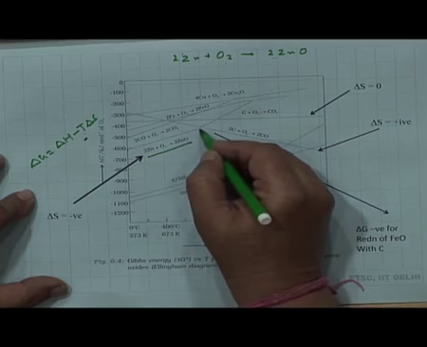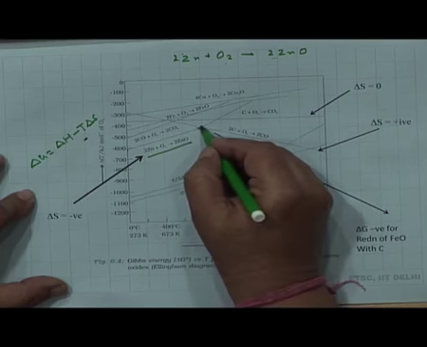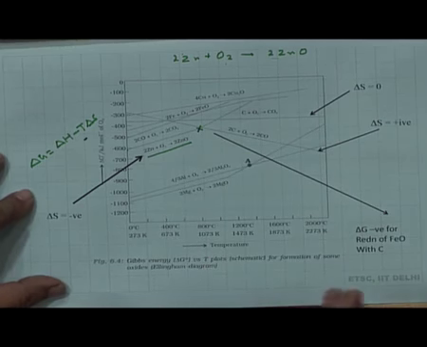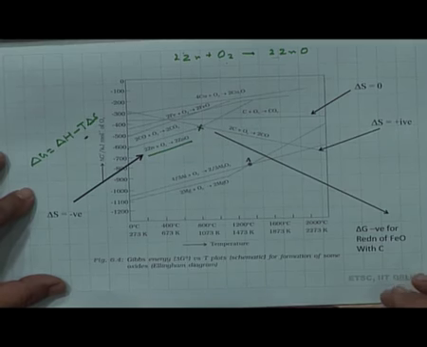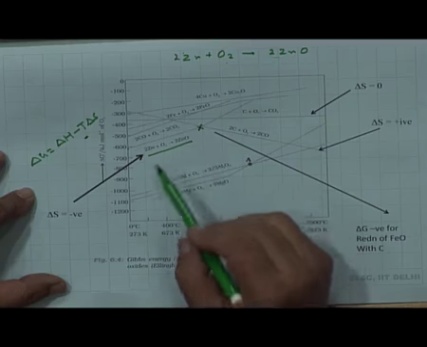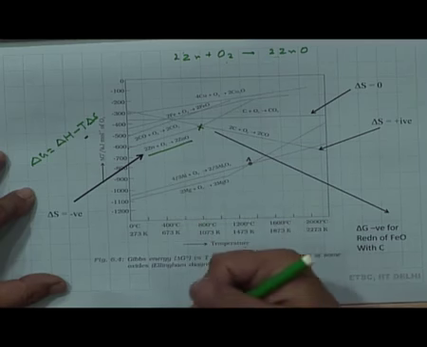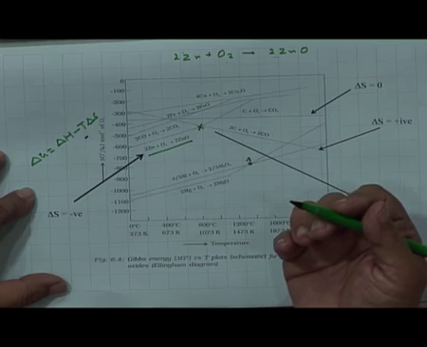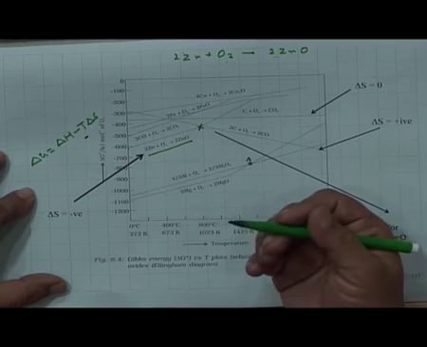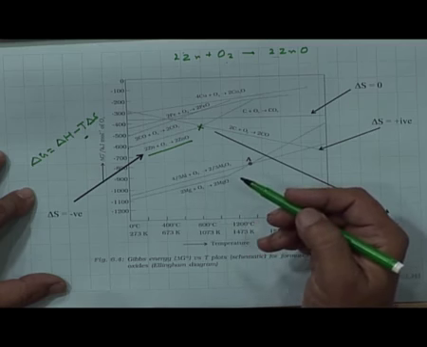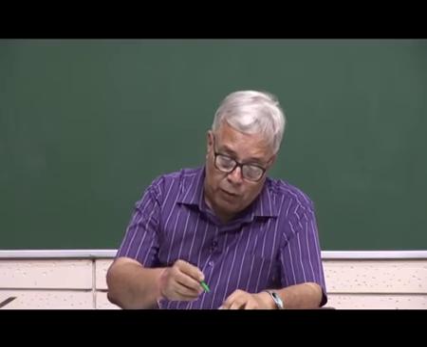Now, you may ask a question, why at this point is there a change in the slope? This change in the slope may be because at this temperature the zinc oxide which is formed has changed its phase. This means delta S has become more negative.